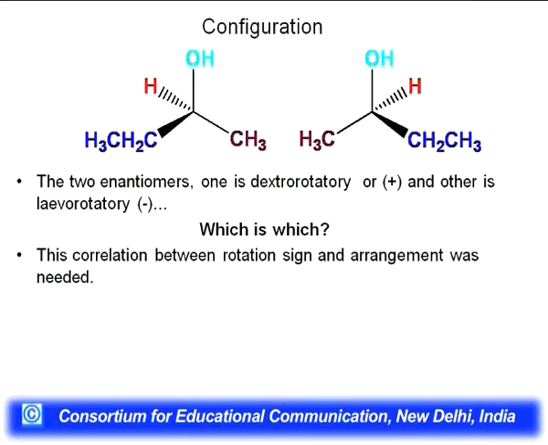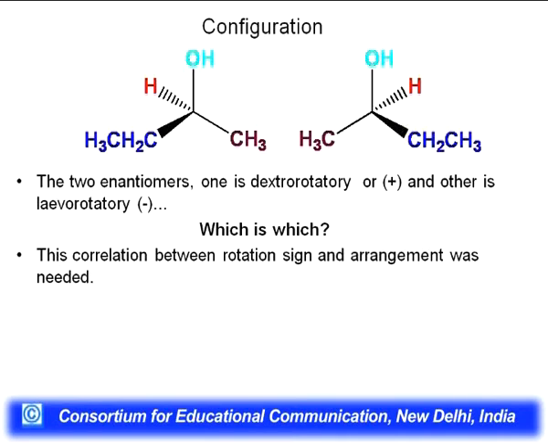So a few questions come to mind: a correlation between rotation sign and arrangement was needed. When stereochemistry evolved, it evolved to a certain extent, and many experiments were done by the scientists.